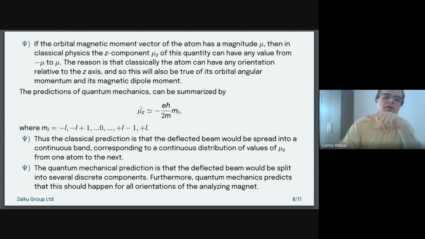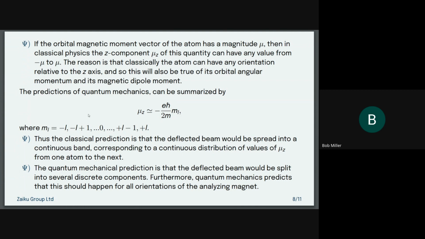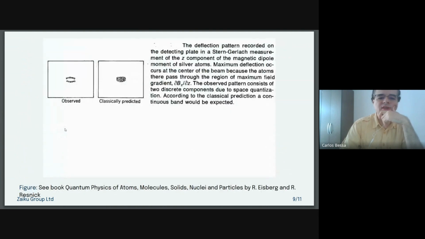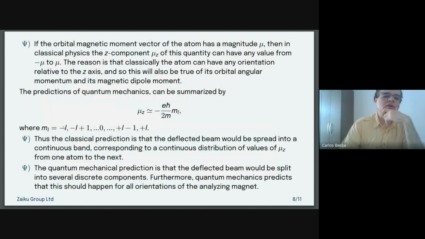But the thing here is that this is now not continuous. It's not continuous because L is not continuous. This is a very brief summary, that's why it's confusing. If you see the details in this book, L is discrete, so m_l is also discrete.